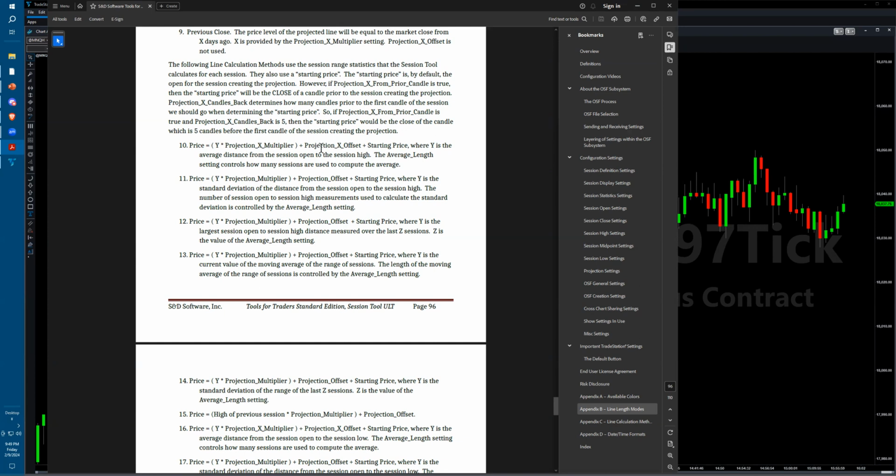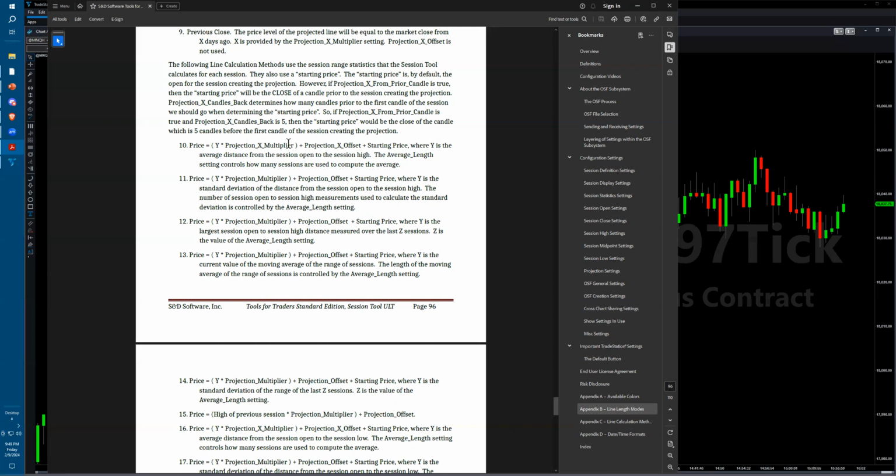So if we look at this formula here, it is going to take the average distance from the session open to the session high, and you're going to be able to multiply that by something, and then you can add an offset to it. If you remember in the settings, we had some extra settings. We had a setting where you specified the formula, and you had some settings which were for parameters to the formula.